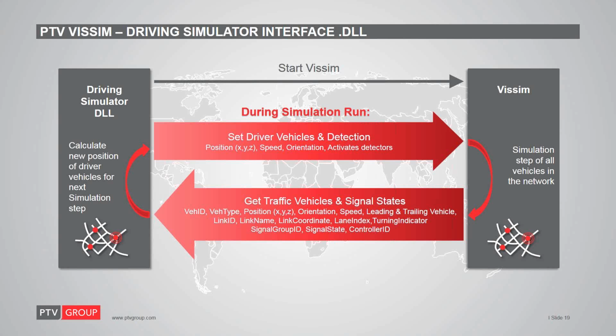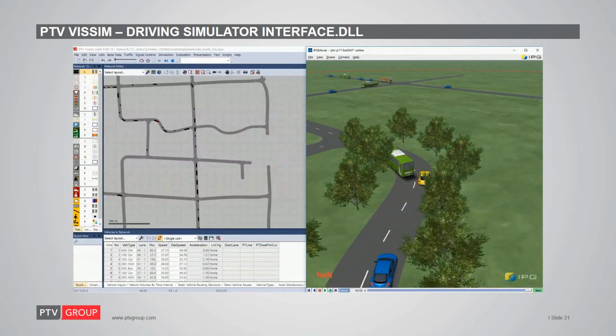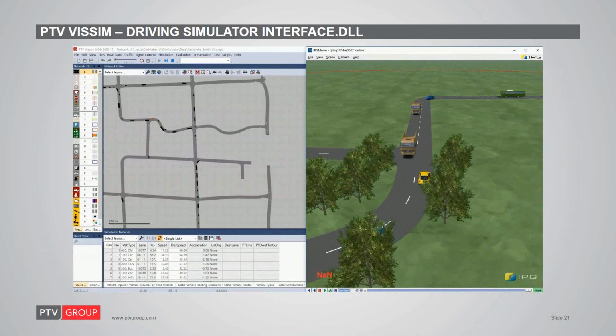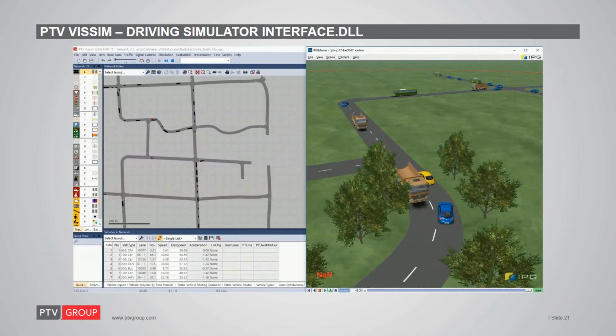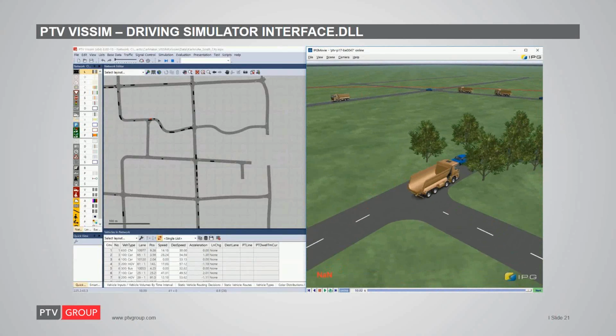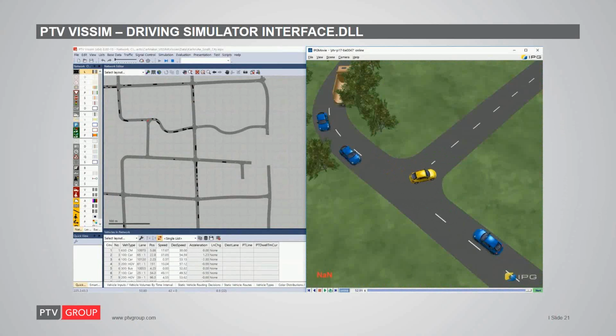And for this interface, we have different links with companies. One of these is with CarMaker from IPG. It's a highly accurate simulation of a vehicle with all the dynamics within the vehicle.